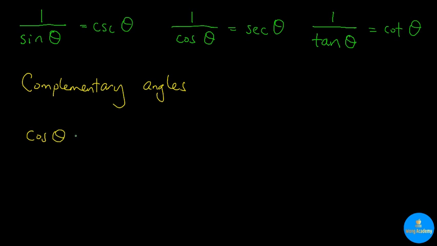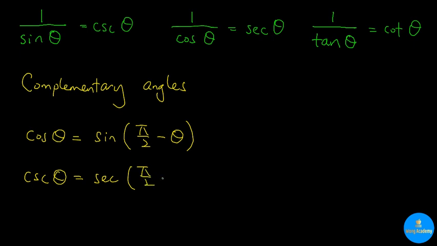Cosine theta actually is the same as sine of the complementary angle pi over 2 minus theta. What is cosecant of theta? Cosecant of theta is actually equal to secant of the complementary angle. As for cotangent theta, of course, it is equal to tangent of the complementary angle.